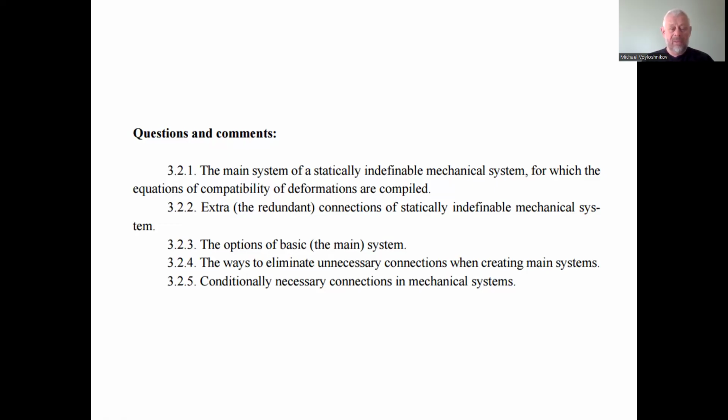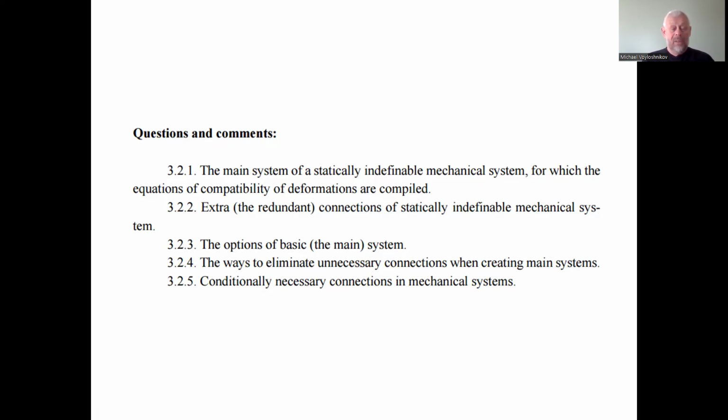The main system for the assigned system is an appropriate statically definable system, for which we remove some supporting links to make a statically definable system, and we substitute the links by the forces subject to find with equations of compatibility of the deformations of this force method.